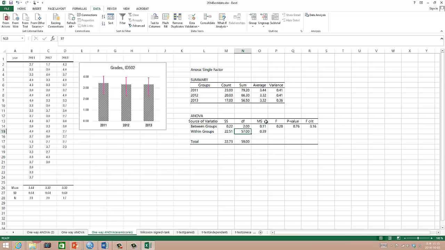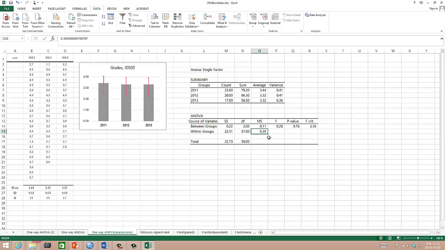And this column indicates the mean of squares, the mean of sum of squares. So you divide the sum of squares by the degree of freedom. So 0.22 divided by 2 is 0.11.